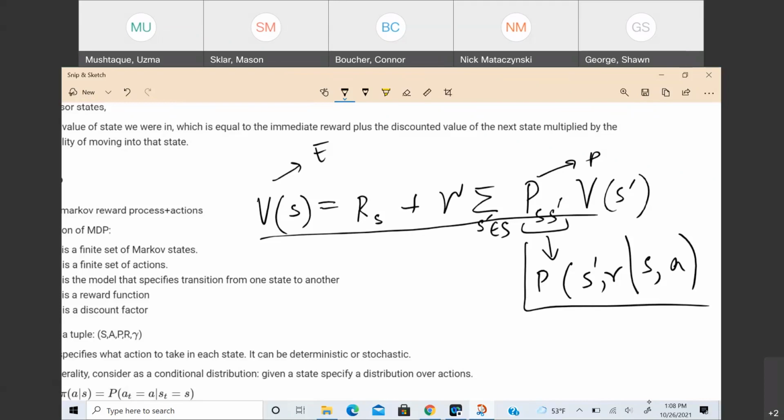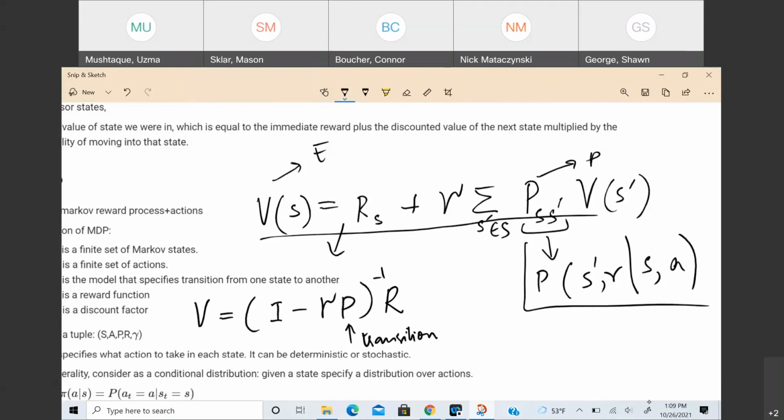And so in matrix form, based on a lot of assumptions, I can simplify this a lot. I can get an equation like this: this is the identity matrix, these are the transition probabilities, inverse, times the overall return.